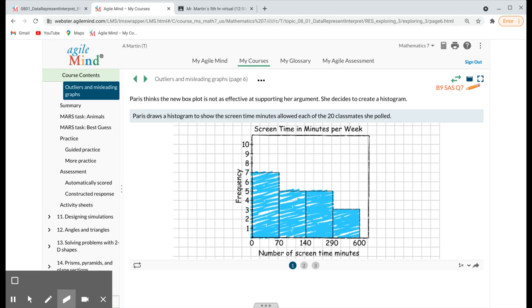And the box plot, we only had one. Or we had, never mind. Most of the data lies between 0 and 70. Okay. I'm seeing something even more interesting.